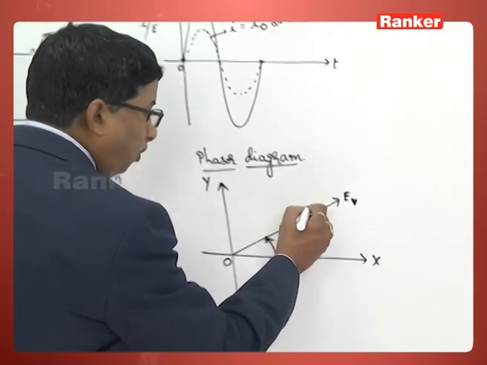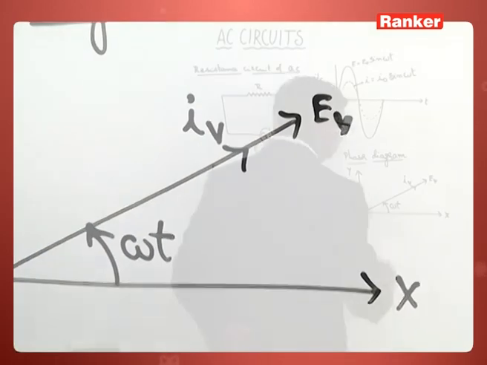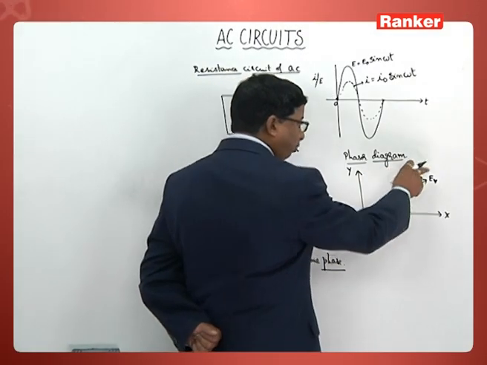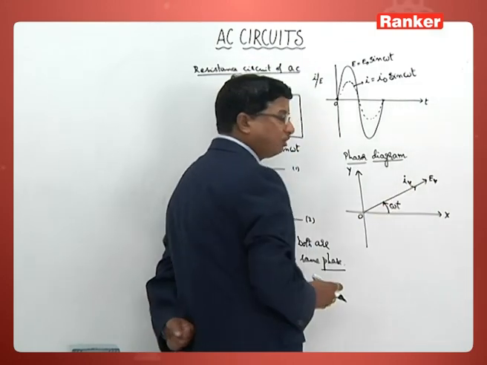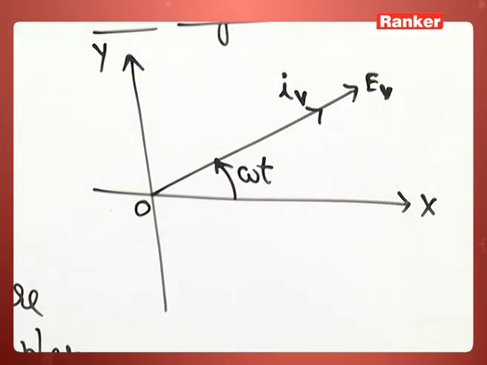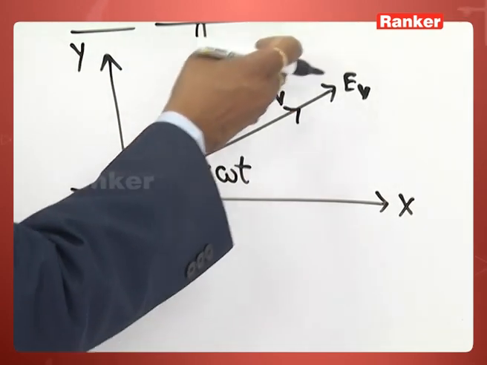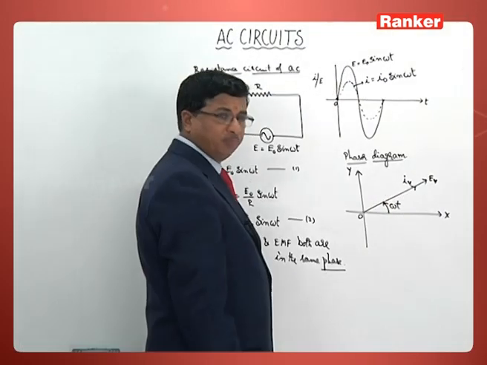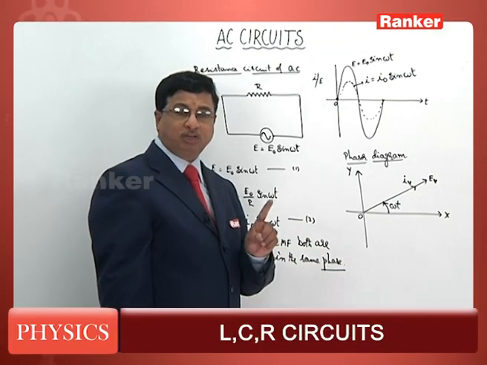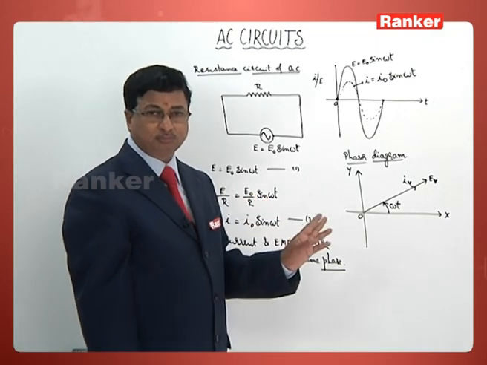Therefore, the corresponding virtual value of current or RMS value of current will also be along the same direction as the virtual value of EMF. So when you observe that I_V and E_V are on the same line in the same direction, one can reiterate that the phase difference between EMF and current is 0.